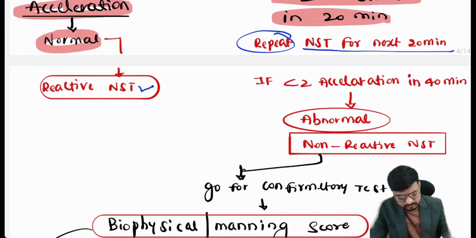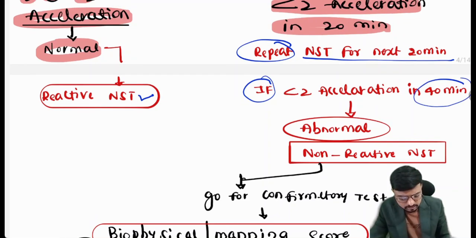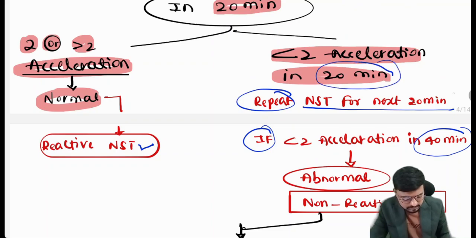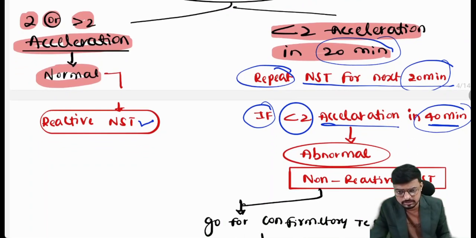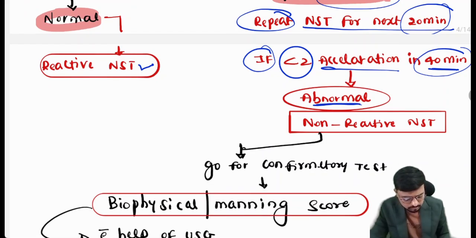Continue the NST for 20 more minutes. Even after this 20 minutes plus this 20 minutes, a total of 40 minutes, if there are still fewer than 2 accelerations, that indicates an abnormal NST, or we can say a non-reactive NST.